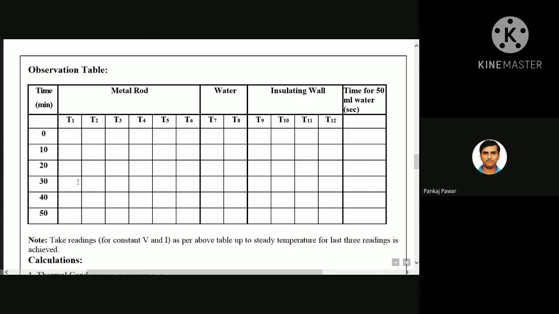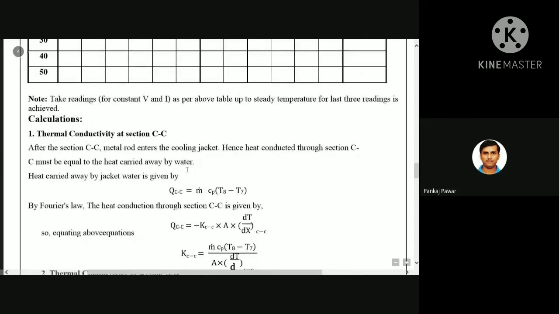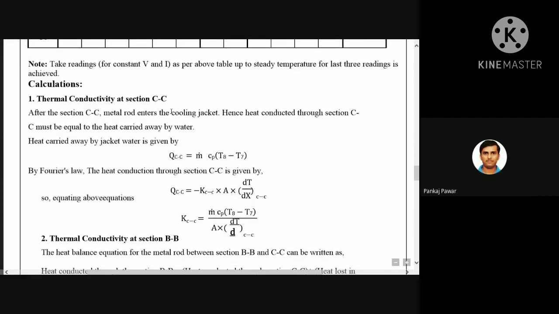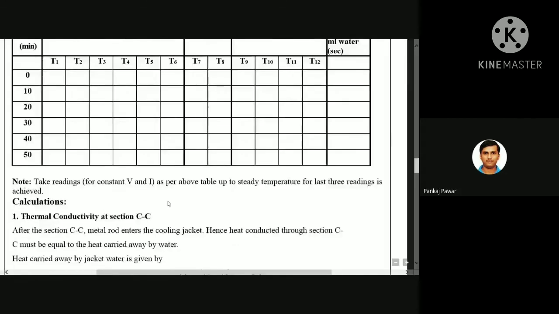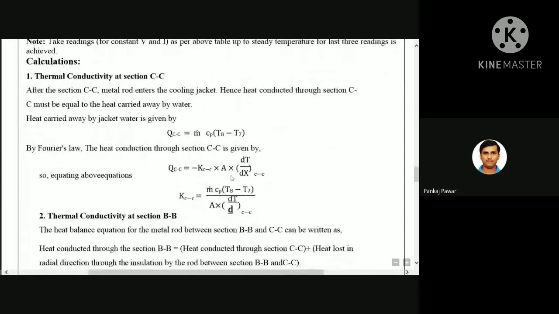Initial readings you will measure at time t equal to 0, and at an interval of 10 minutes each you will take the temperature readings up to steady state condition. Once you get the steady state condition, you will go for the calculation part. This calculation part we will go through in detail when I give you the actual experimental setup readings later on.